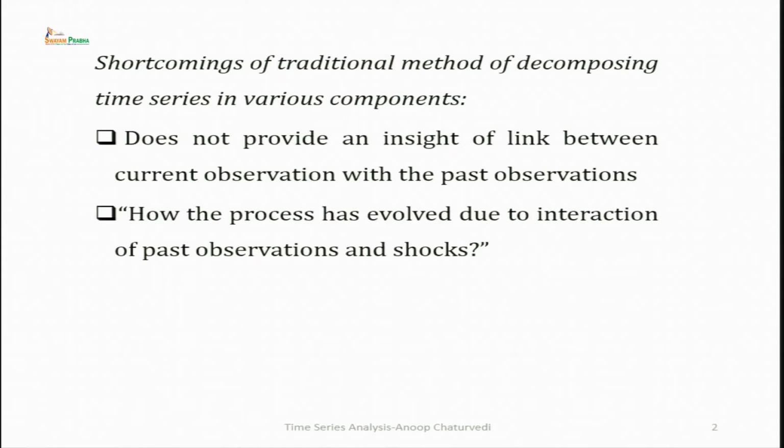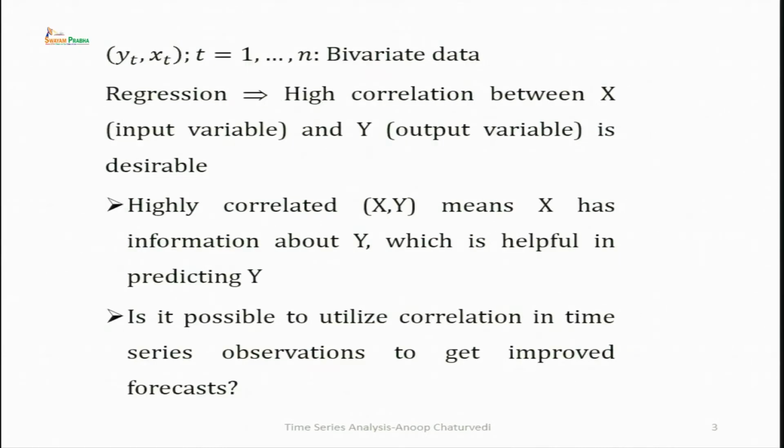Then, how the process has evolved due to interaction of past observations and past shocks, you do not get any idea of this phenomenon, how the current observation is interacting with the past observations.